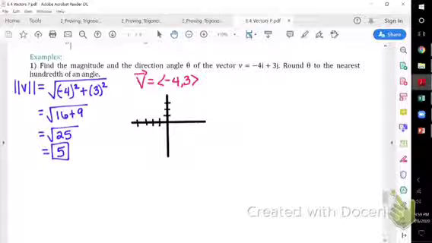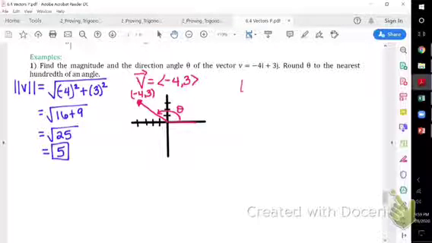And so right here would be my terminal point. And so there would be my vector. And this terminal point would be negative 4, 3. Now I'm looking for the angle. So the angle is going to come from that positive x-axis here. So this is the theta that we're after, okay?